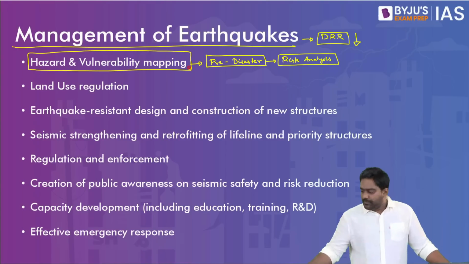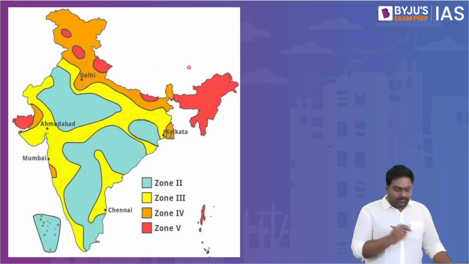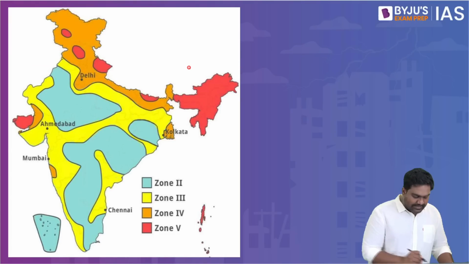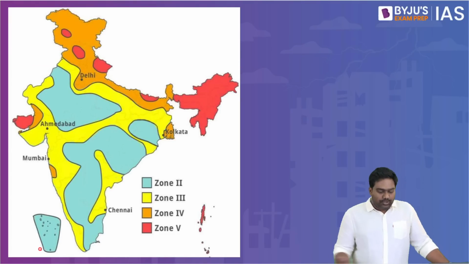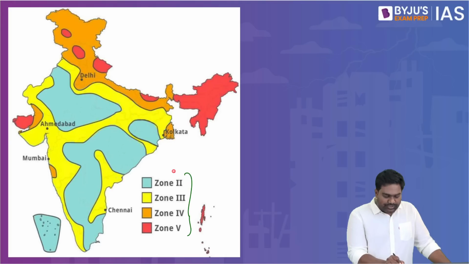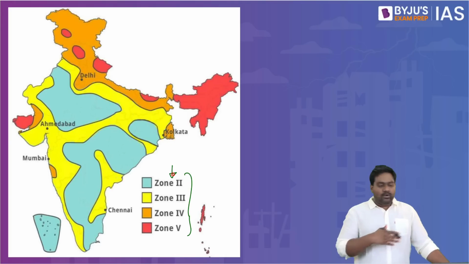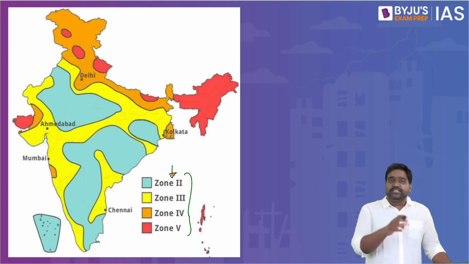If you remember, I showed you the hazard vulnerability map of India yesterday. We understood the seismic zones of the country and how India is divided into different seismic zones based on seismic activity.